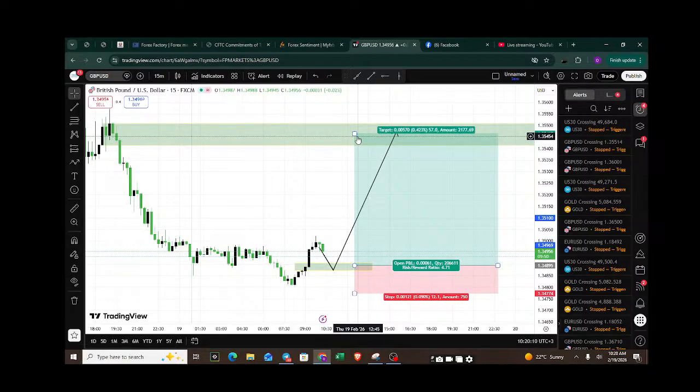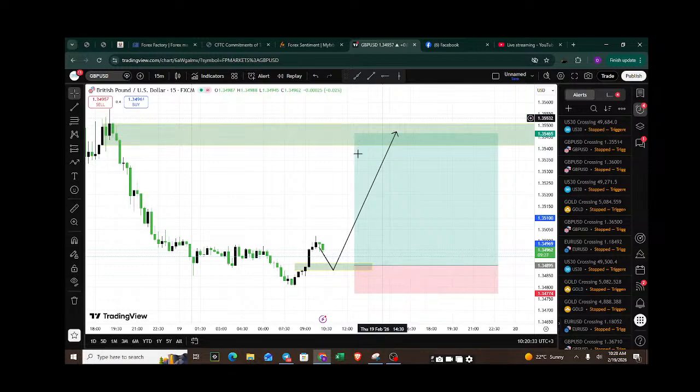What do you call it? We can get to this level here, which is a sweet spot level.